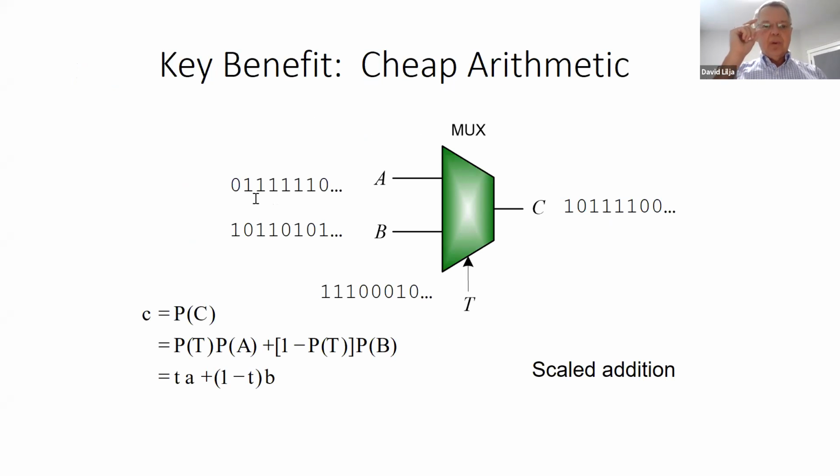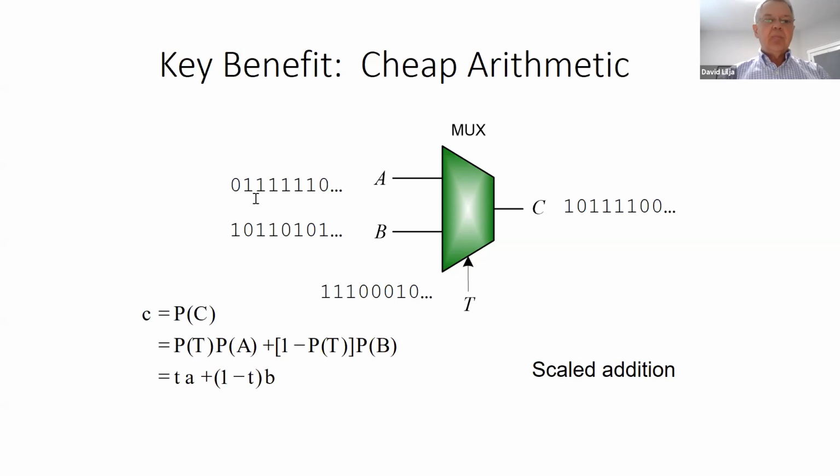So I have A and B coming into this multiplexer, and T is just a serial bit stream that's switching between the two inputs A and B and putting the value on the output C. What this really does, as the equation in the lower left corner shows, is take the value T, multiply it by A, and add that to 1 minus T times the value of B. So by choosing T, whatever value I want between 0 and 1, I can get this weighted addition of A and B. Turns out to be an extremely useful operation.